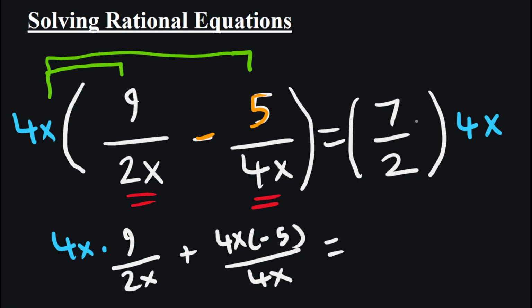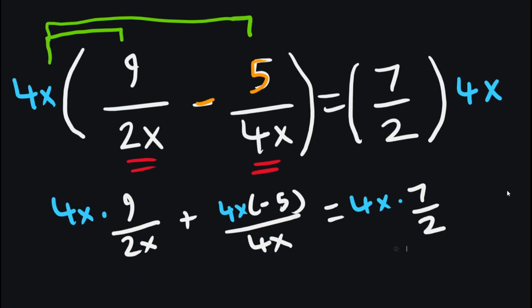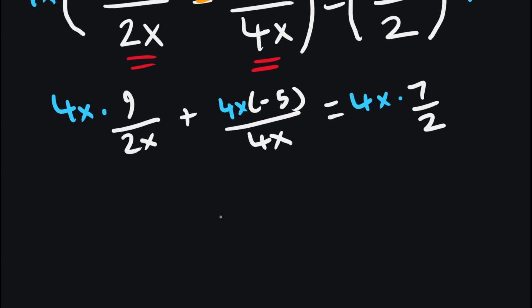And then on the right side, we have 4x. Let me just change the color of this 4x so we can see it. So 4x times 7 over 2. Okay, so we've multiplied both sides of the equation by the least common denominator, 4x.